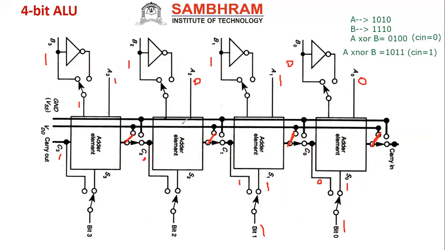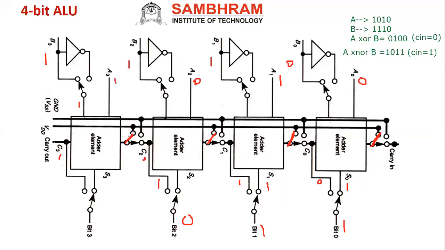Next, come to this adder. What will I get in this adder now? 0, 1. Cin also is 1. So now what is the sum? Sum is 0. Correct? Sum is 0 because 1, 0, 1. Sum is 0 and the carry is 1 I will get. Next, what will be here? 1, 1.